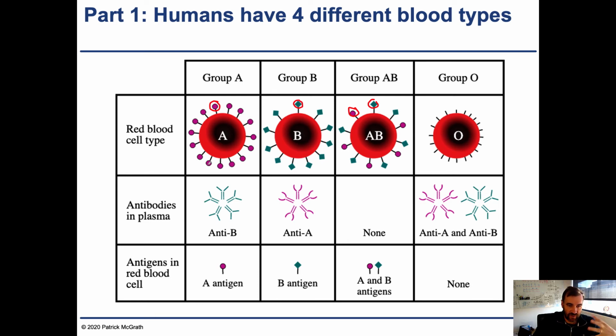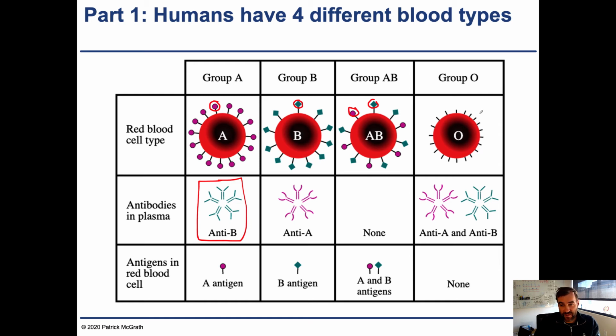That would be very bad, because your immune system would attack those red blood cells. But individuals that have an A blood type still would produce the antibodies that recognize the B antigen. So when you think about blood type, you have to think about both what your blood cells contain, and also your immune system and what it recognizes. This shows what your antibodies are for the 4 different blood types as well.